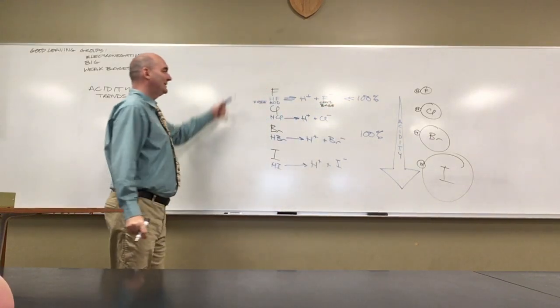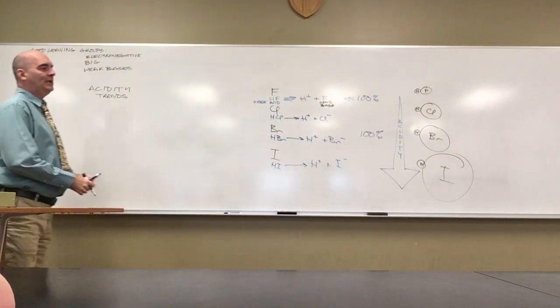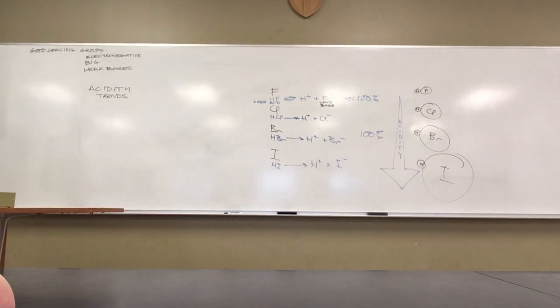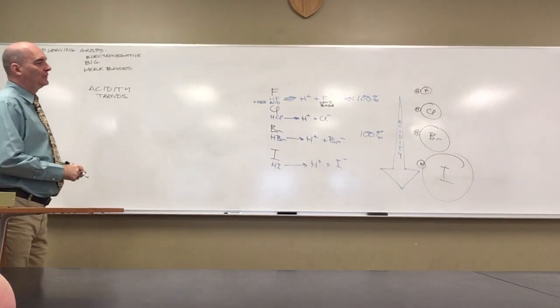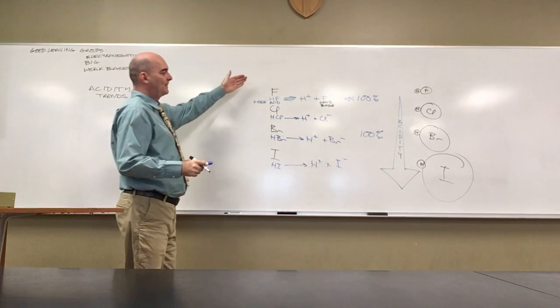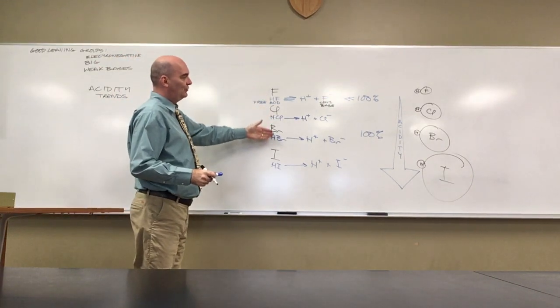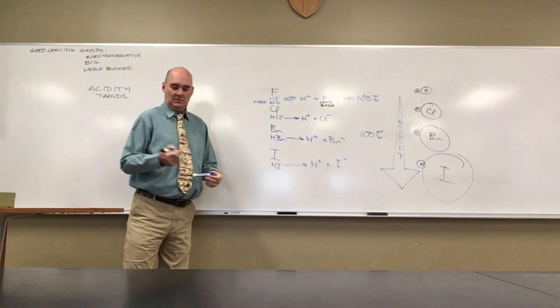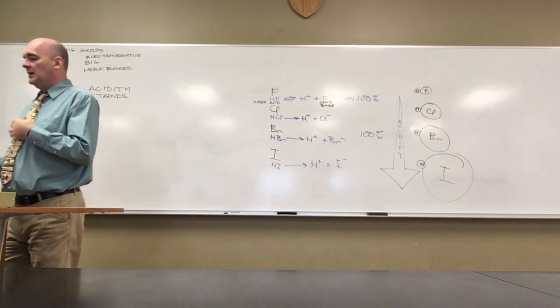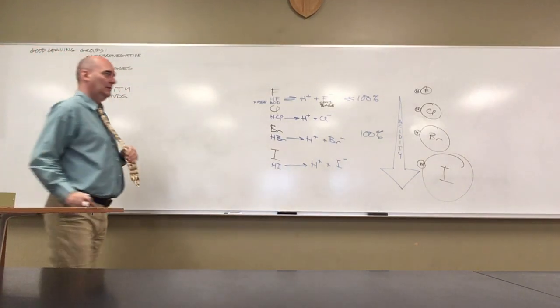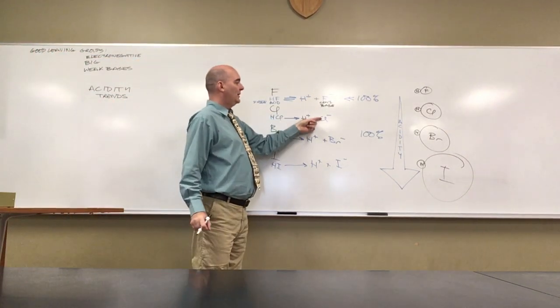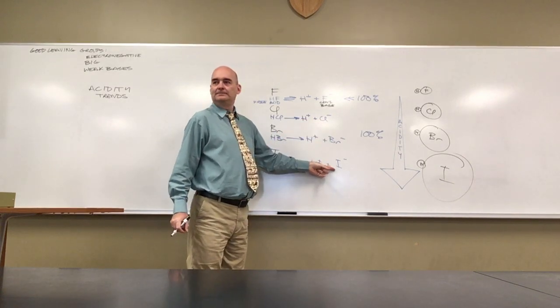Okay, so if the acidity trend for my free acids down the group goes from top to bottom increasing, what is the basicity trend of the fluoride, chloride, bromide, and iodide?